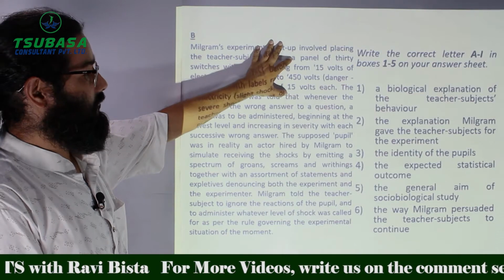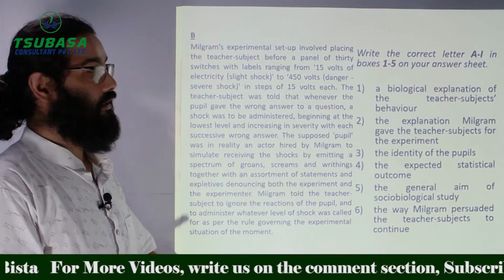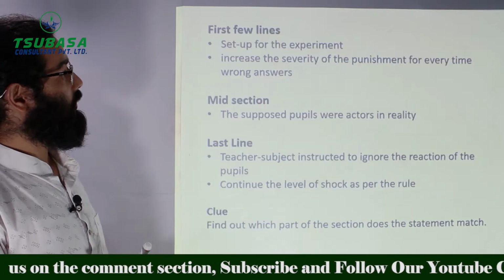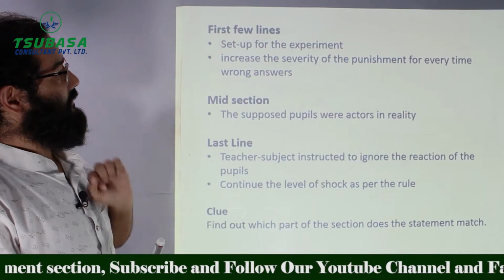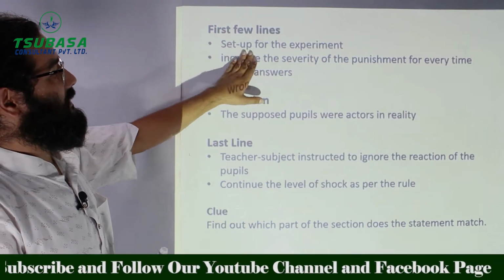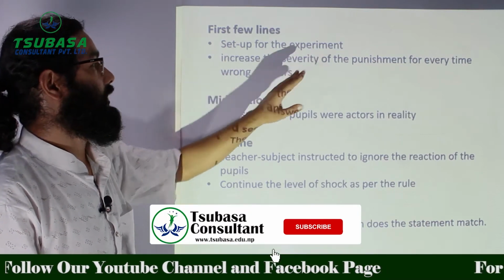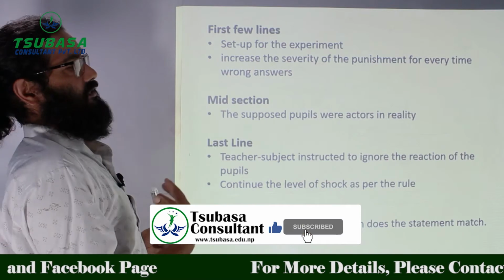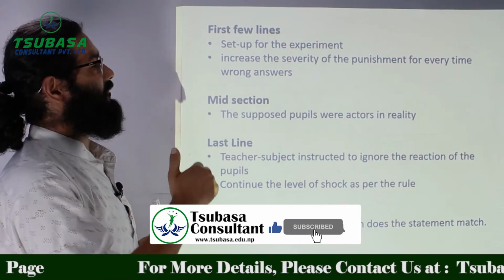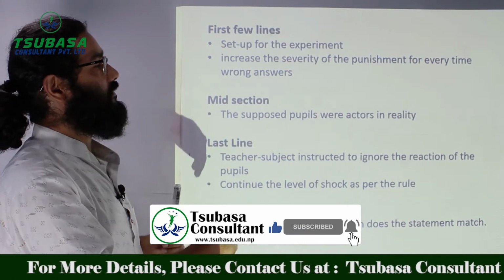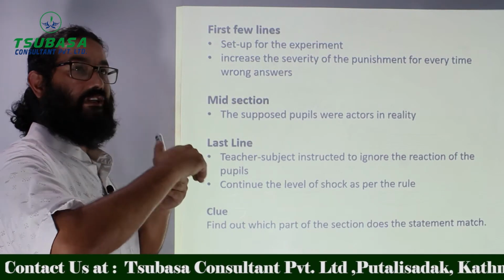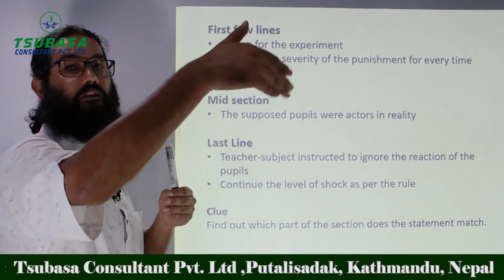Now let us first analyze this. Here we go. The first few lines talk about the setup for the experiment. And after that, it tells you to increase the severity of punishment every time the candidates give wrong answers. So that means the level of shock should increase every time they give an incorrect answer.